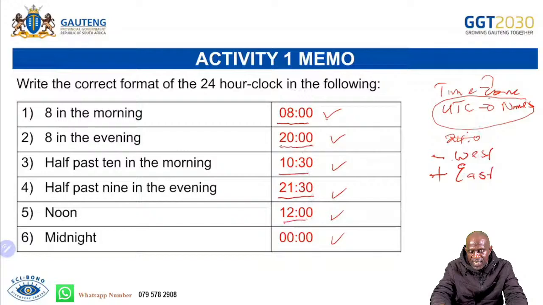Grade 12 learners, please pay particular attention to the concepts that I have just alluded to thus far. It is important for you to internalize them, because this would be our standard operating procedure as we do time zones.